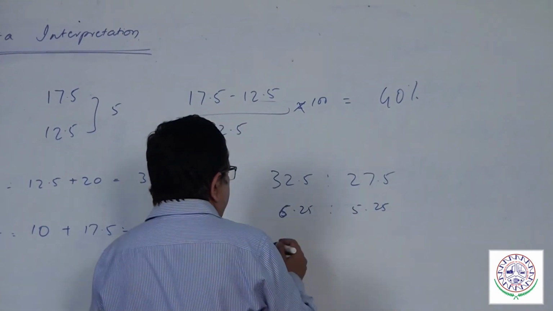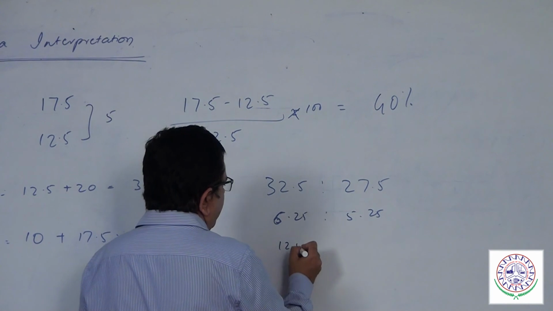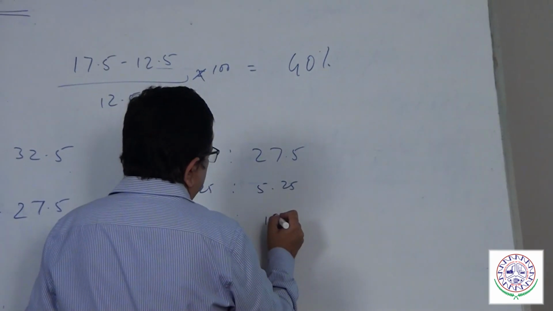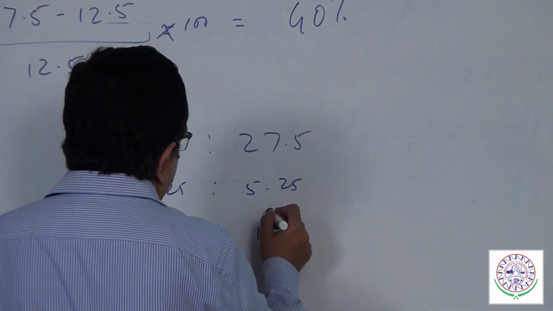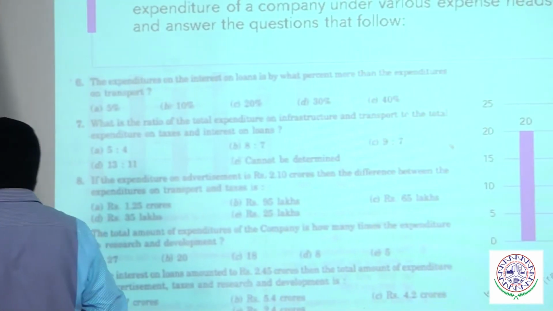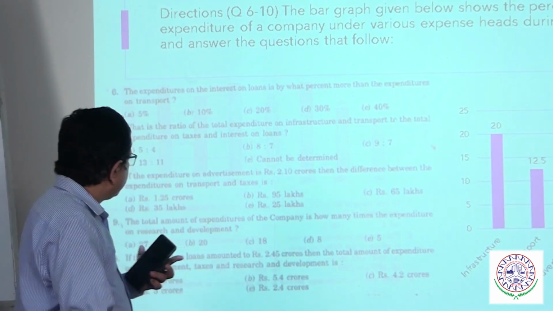Fair enough, I just double this off. This becomes 12.5 if I double it, and this becomes 10.5. The nearest is 13:1. So that is the answer.